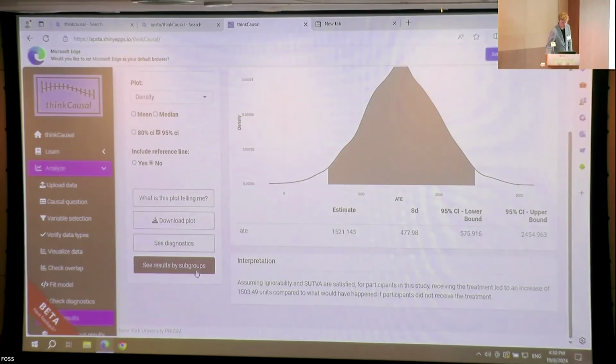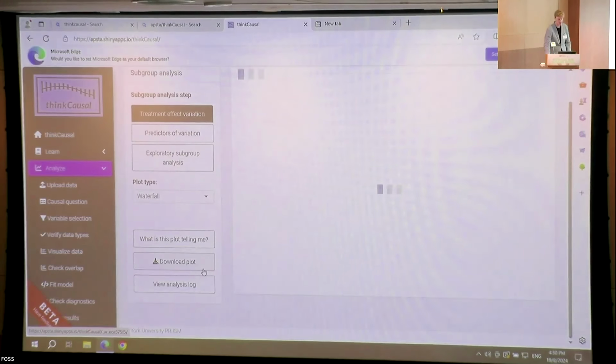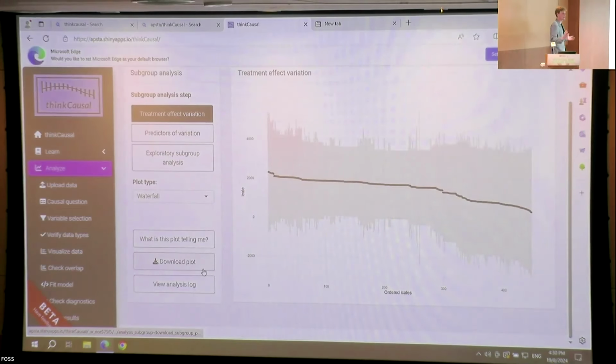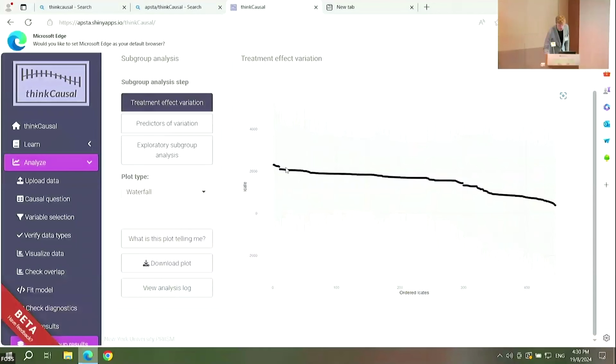The thing I think is the most exciting is, as social scientists, there's a lot of interest in treatment effect heterogeneity. So this plot, we call it a waterfall plot. And this is each person's predicted treatment effect. Each one of these points is an individual in our data set. And the shaded region is the uncertainty for each individual. So what this tells us is the folks over here seem to have a higher treatment effect than the folks down here.